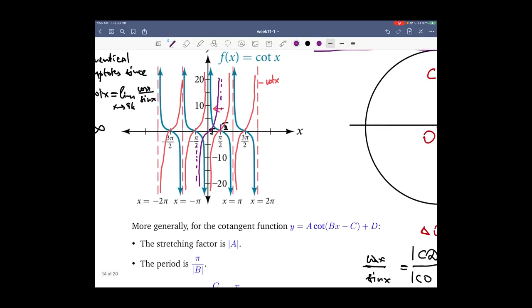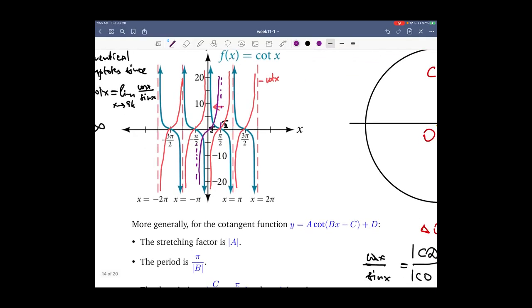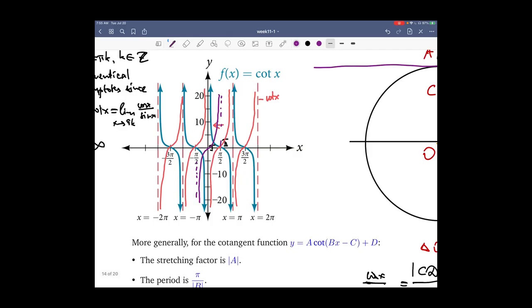In other words, negative cotangent of x and the shift to the left by pi over 2 corresponds to adding pi over 2 is exactly tangent x.